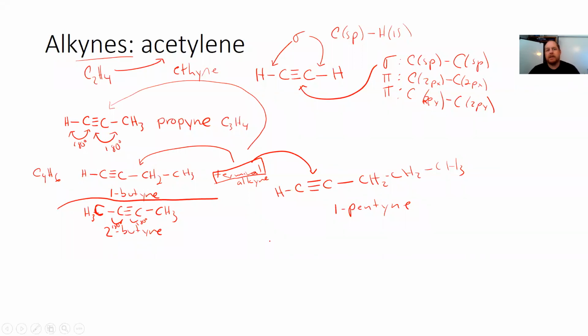And so that's something that's going to be kind of important, because when you have a terminal alkyne, that proton in a terminal alkyne is of higher acidity than a lot of other hydrogens on carbons, right?